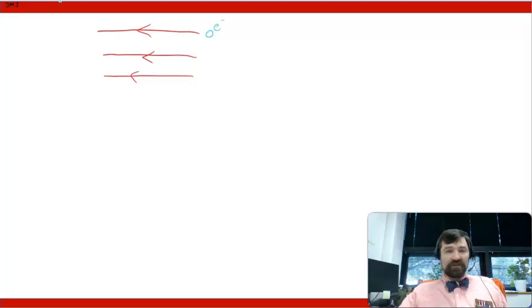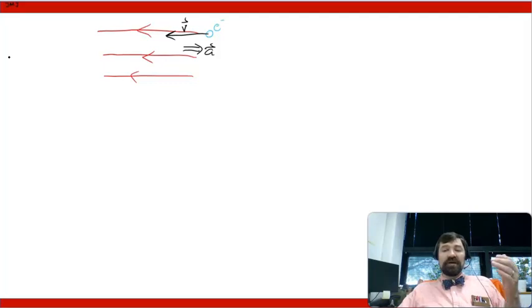So let's say that I have reversed the bias so that my field is in this direction, and I now have an electron, e minus, which I want to move this way. It may have some initial velocity this way, but it has a deceleration. It has an acceleration in the direction opposite its velocity.